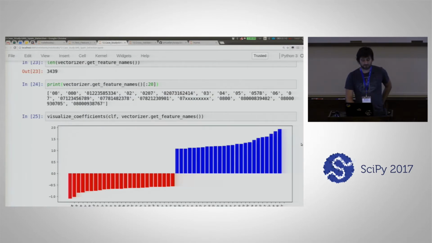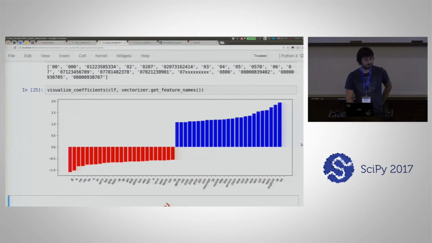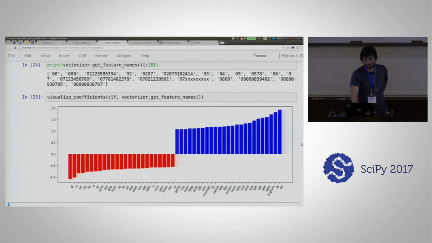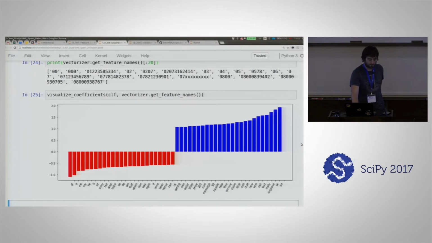If one wanted to assign a much bigger penalty for classifying a non-spam message as spam than the reverse situation, I assume it would be easy to do that? Yes. So there are multiple ways to do this. The easiest way is basically to change your interpretation of the outcome.